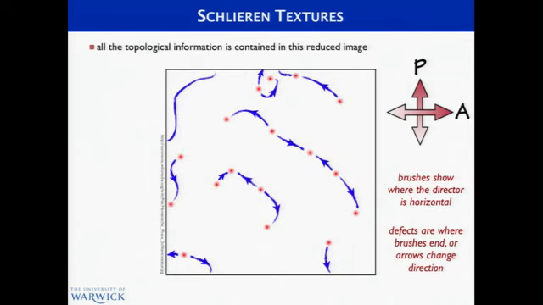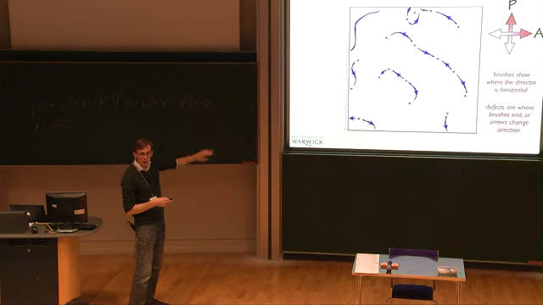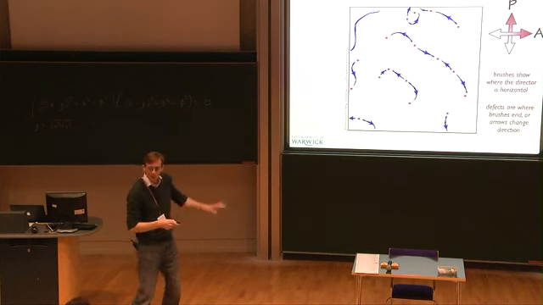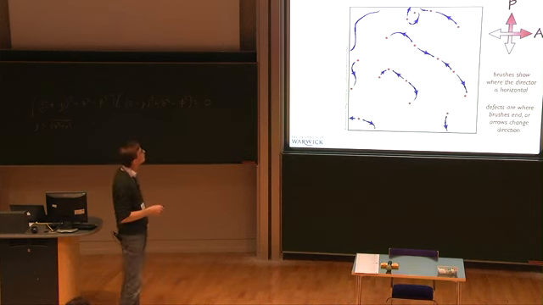Then you can get rid of everything in the background, and the topological information about this texture is entirely contained in a picture of this kind, where you show the locations of the defects and where the molecules are pointing left, right, in the analyzer direction, decorated with arrows to tell you the signs of the defects. So this is a complete topological characterization of the texture in a reduced form where you can really see everything. It's not going to be some dense forest of sticks when I show you the 3D pictures.